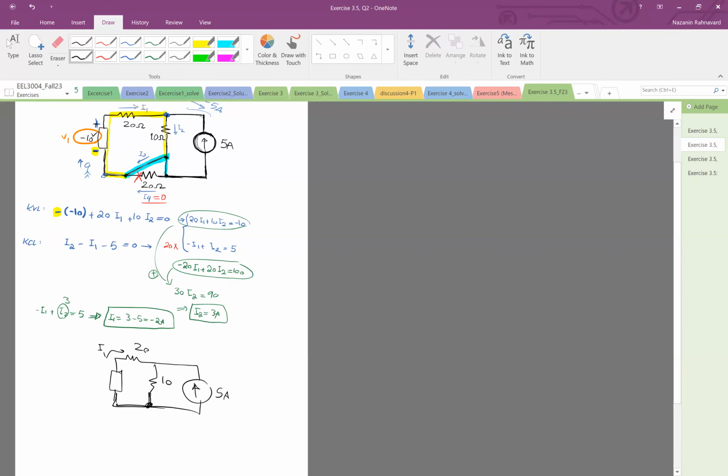So we have something like this, and now see I3 is the current, and all this blue is one point, so I3 goes here, this is I3, which is the same as I1. So I3 equals I1, and it is negative 2.